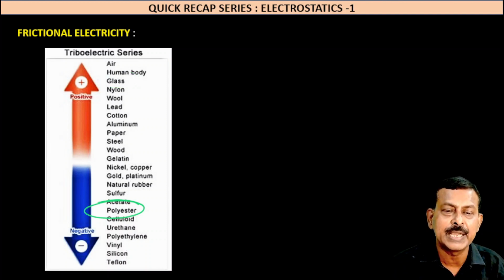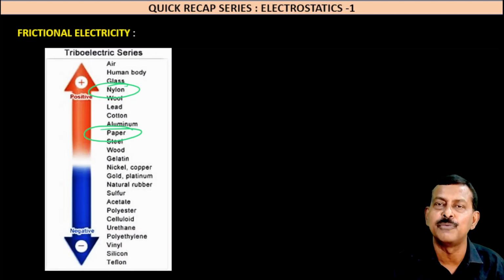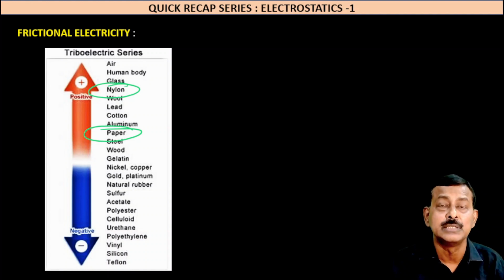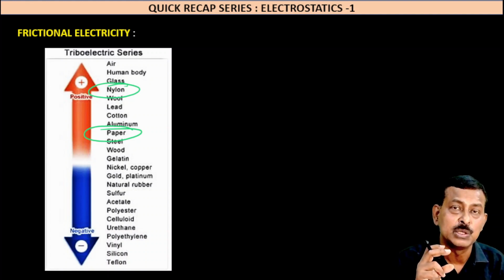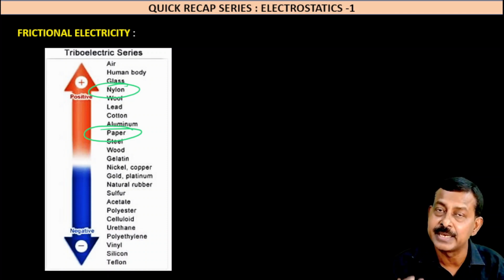Similarly, if you take nylon and rub it with paper, nylon will acquire positive charge and paper will have the negative charge. So with this triboelectric series, you can get which one will become positively charged and which one will get negative charge when two materials are taken.